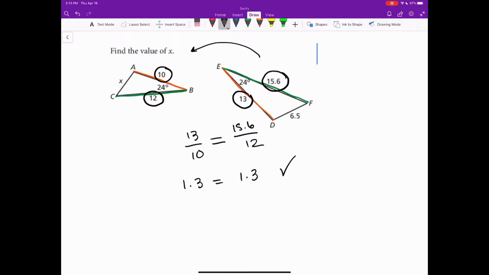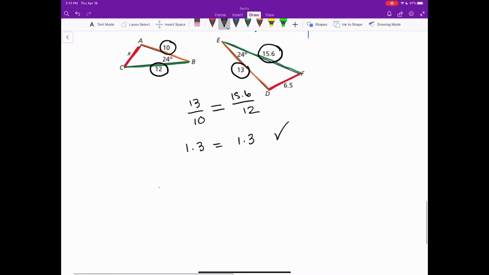So now I just got to find the value of x, right? And that third side we know has to be corresponding to this 6.5 side. So now I'm going to set up this ratio of 6.5 over x, all right? Let me get rid of some of this stuff here.